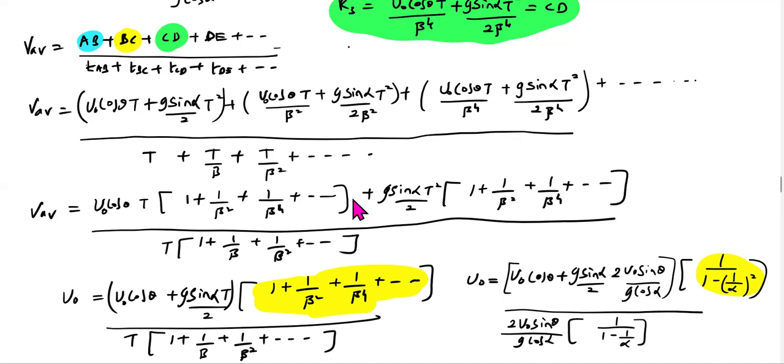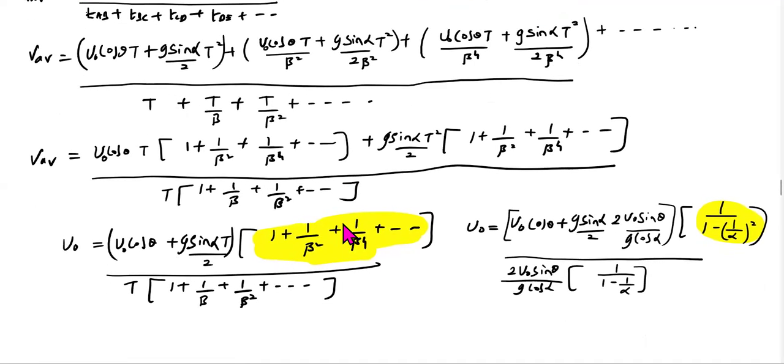So u naught will get eliminated. The question asks that the average velocity of the entire motion is u naught, then the value of alpha is asked. So u naught will cancel out here, this u naught, this u naught, this u naught.